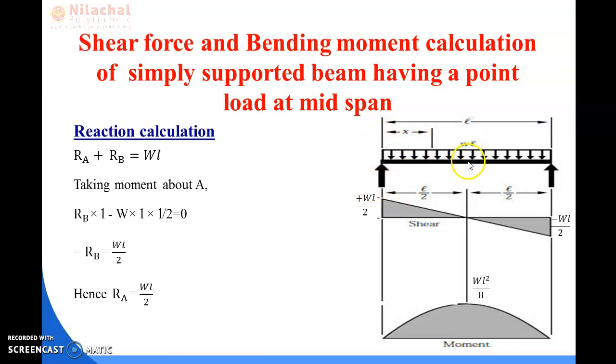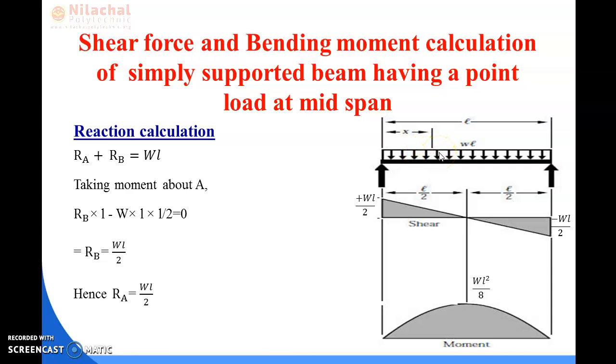That means for the point C, we need to look at the left side of the section, that means this portion, and what loads are acting here we need to know. You can see here one reaction is there and second one is one point load.